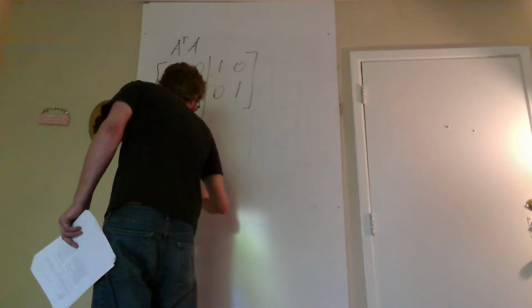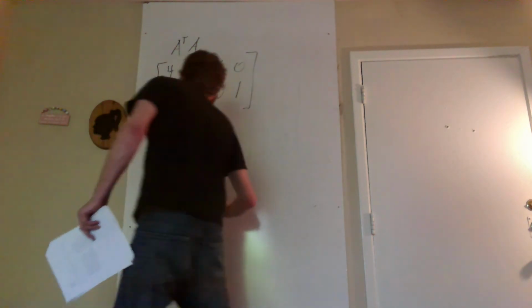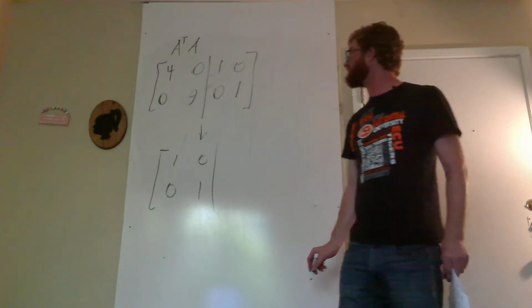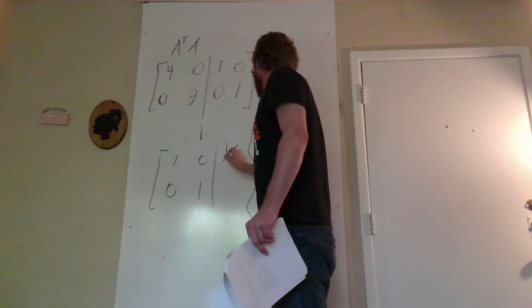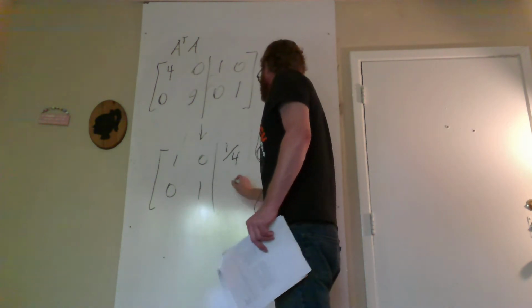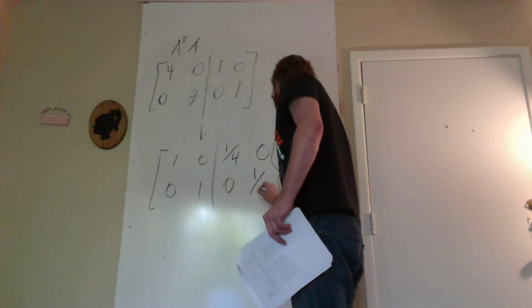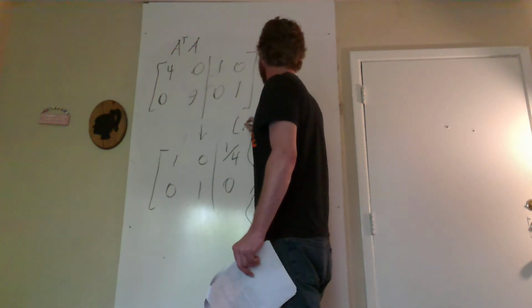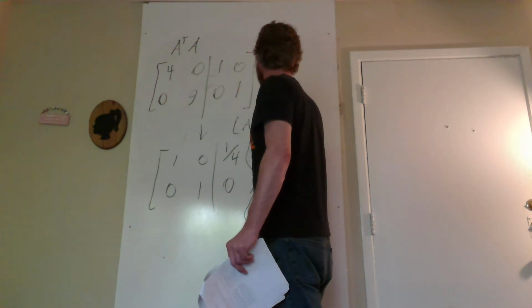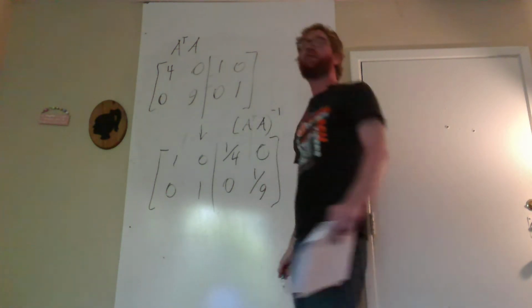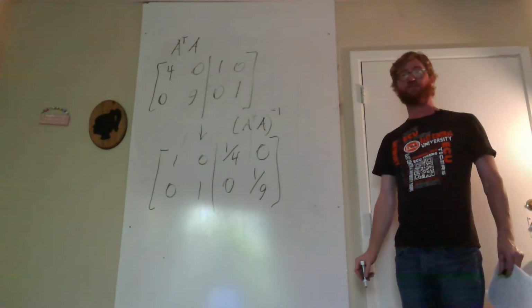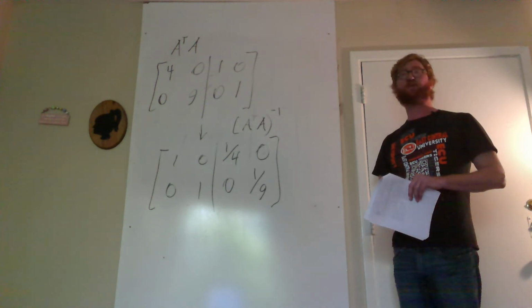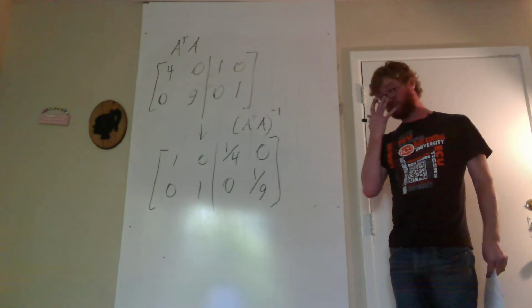So when I get the inverse, this would be 1/4, 0, 0, 1/9. This is A transpose A inverse. So we found the inverse of A transpose A.